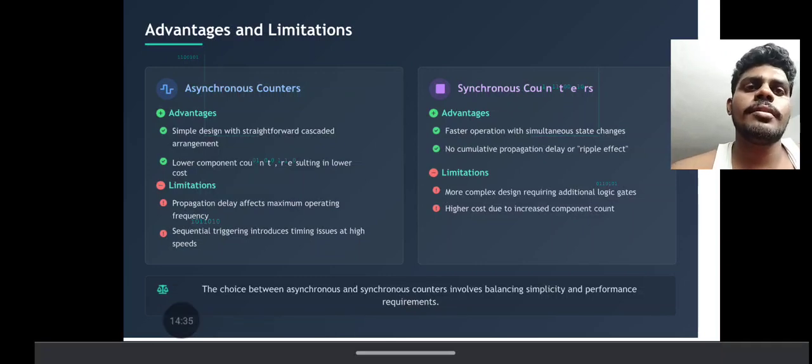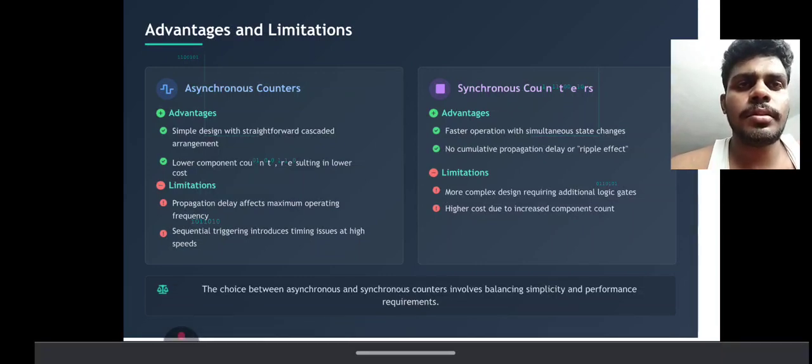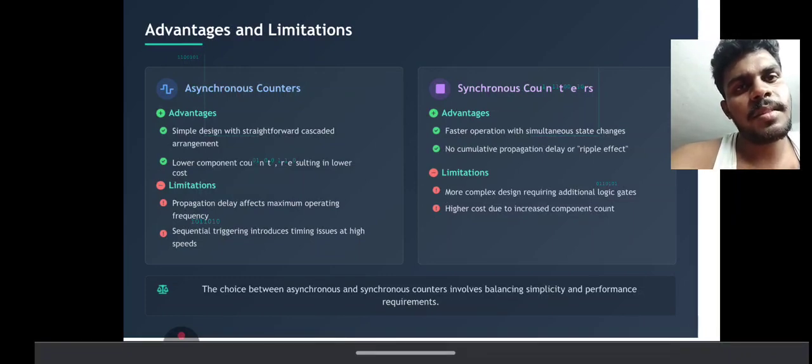Advantages and limits. Asynchronous counters have simplified designs, straightforward cascade arrangements, and fewer components, resulting in lower cost. Limits: propagation delay limits the effective maximum operating frequency, which becomes a problem at high speed.